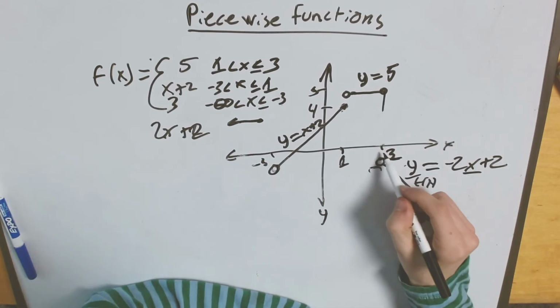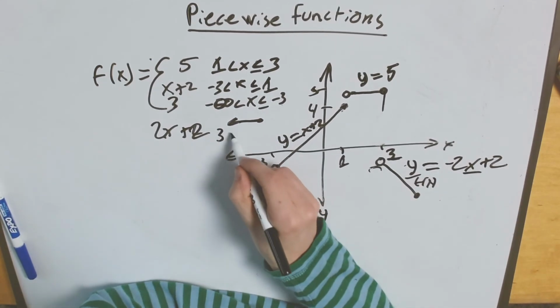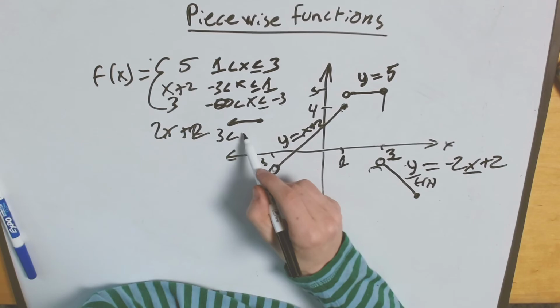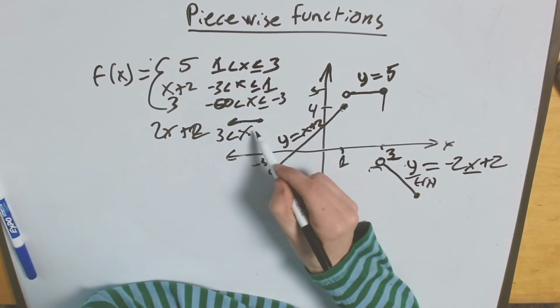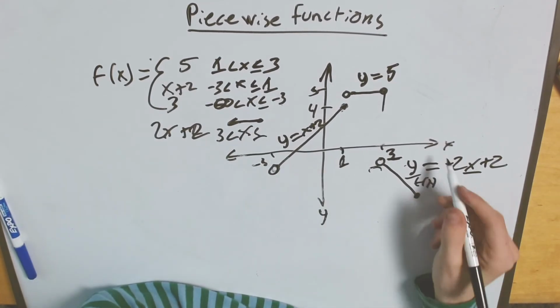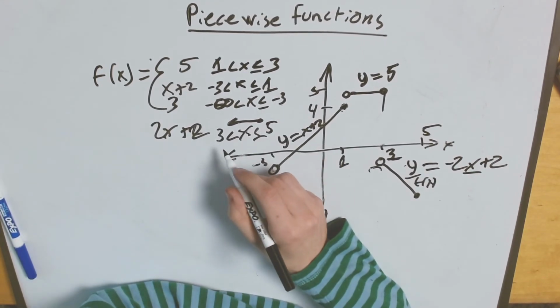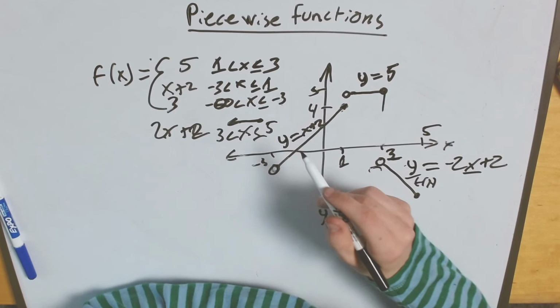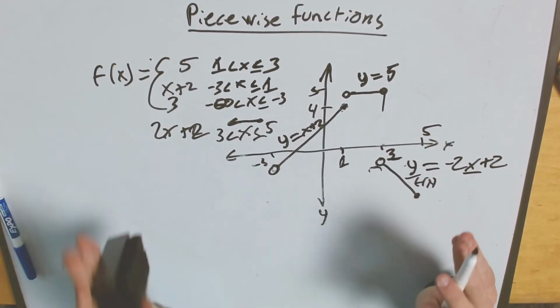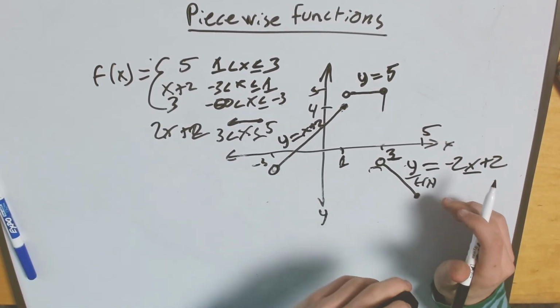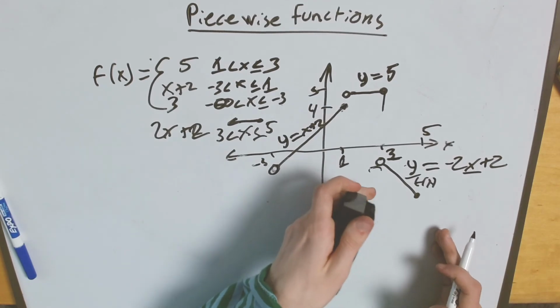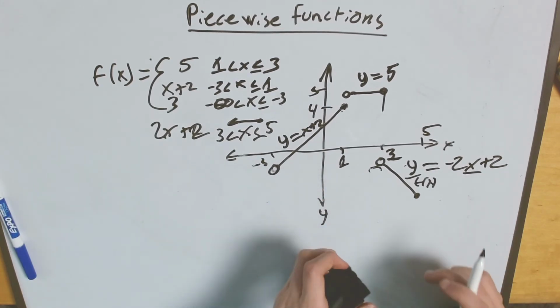Well, we can see not at 3, right? So it's going to be a greater than symbol because it doesn't include 3. But it does include its ending point, which I'll just say is 5, right? So from 3 to 5, not including 3, but including 5. And of course we know that because 3 has an open circle and 5 has a closed circle.